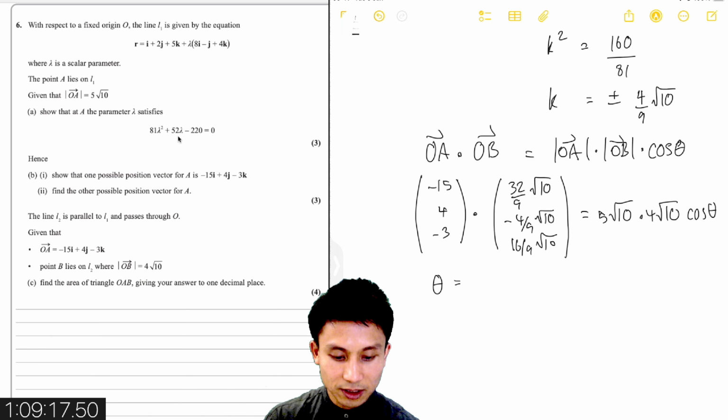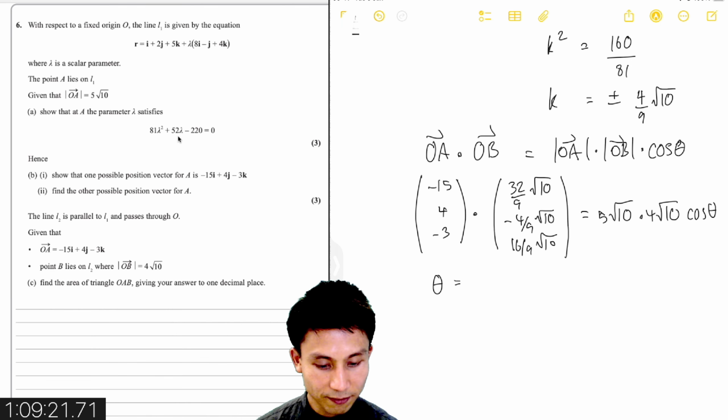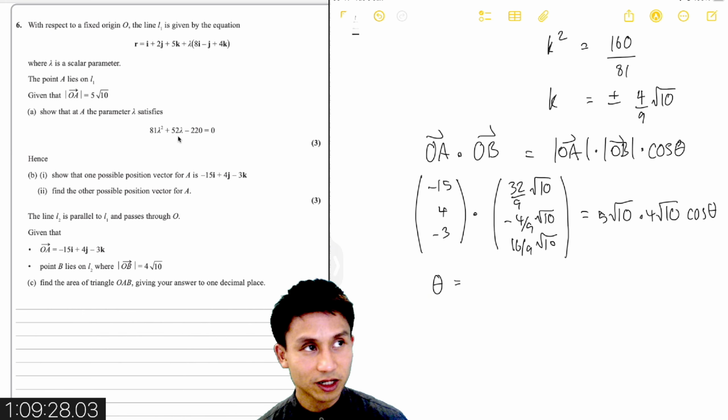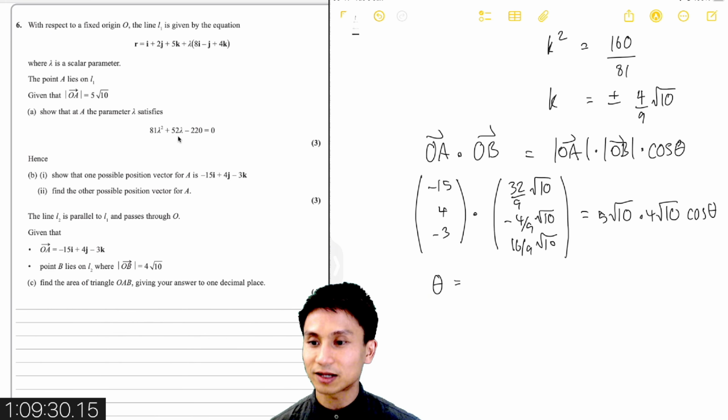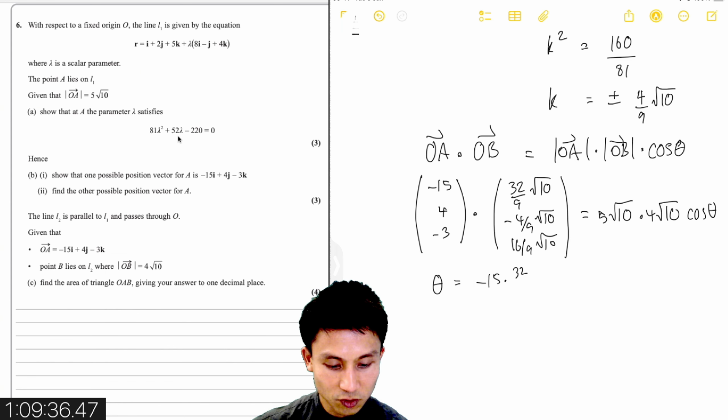So we're going to solve for theta. Okay, so we have the dot product on top. If we get an obtuse angle, we're going to change it to an acute angle. But when you do sine theta, that is not going to matter, right? You will know what I mean. So this is minus 15 times 32 over 9 root 10, doing the dot product there.